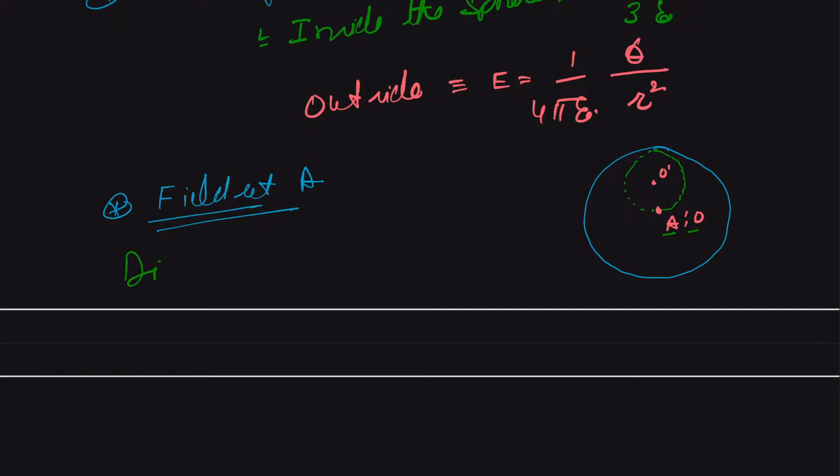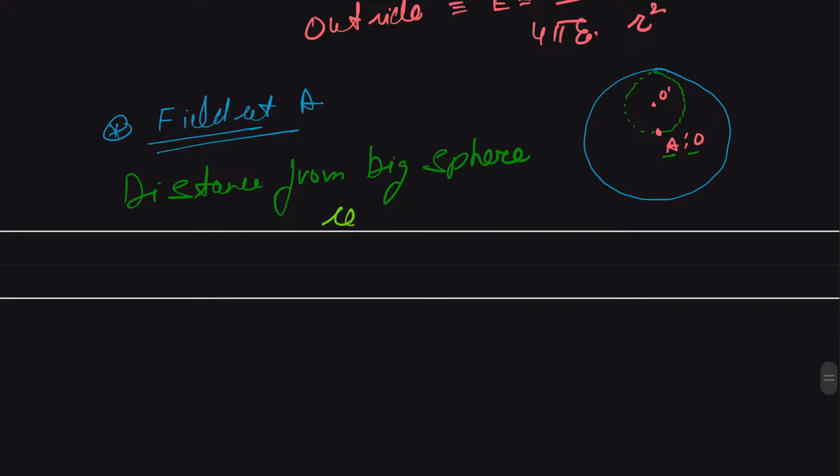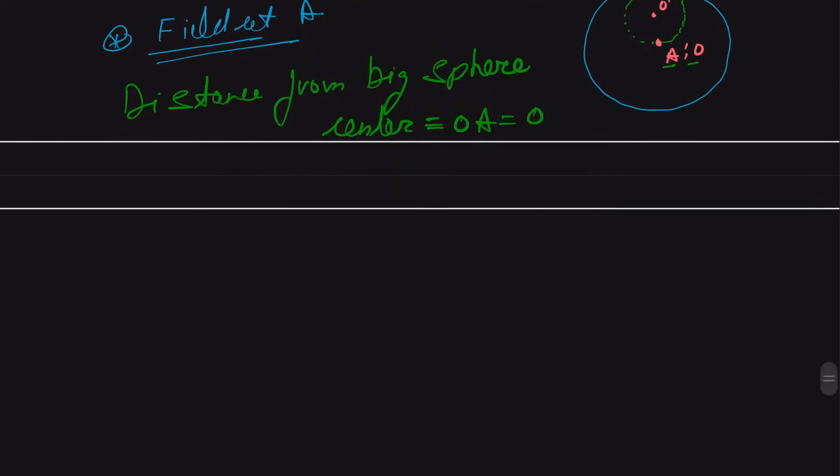So you can say that the distance from the big sphere center, which is our OA, and O and A are coinciding, so this will be equal to 0. And from the cavity center, which is our O prime A, that will be equal to A by 2.